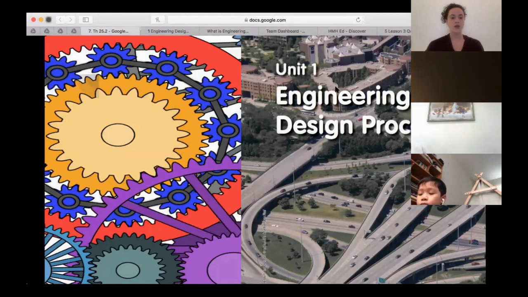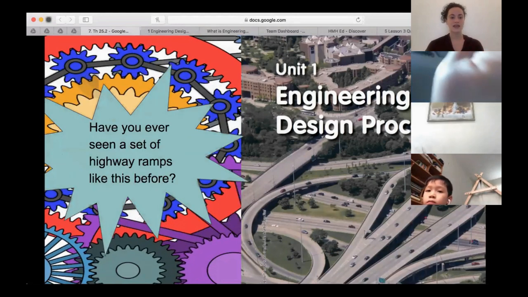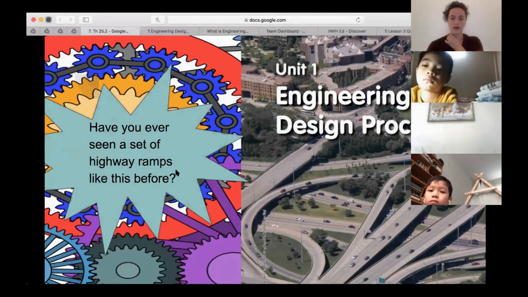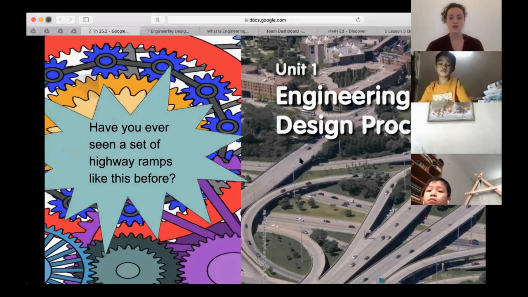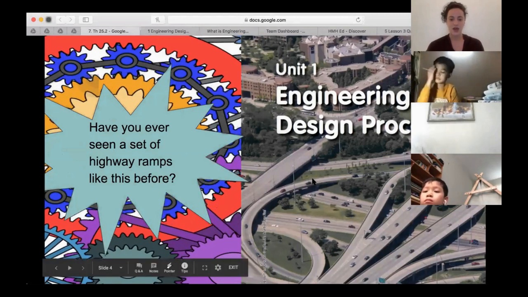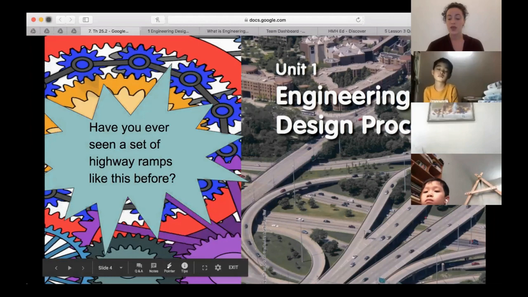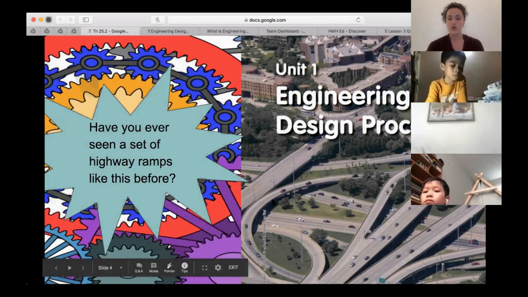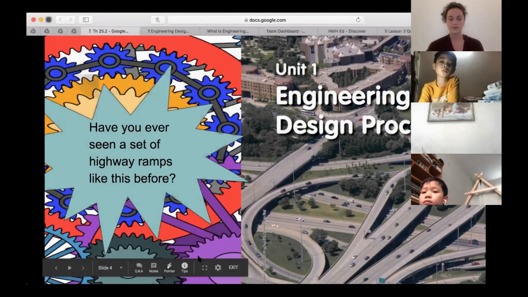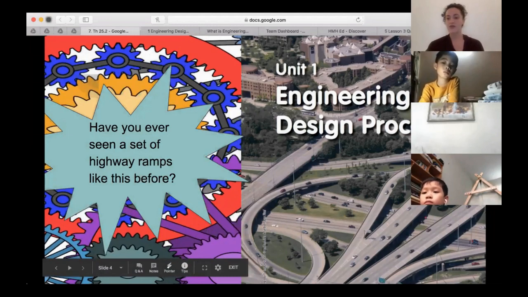All right, first question. Have you ever seen a set of highway ramps like this before? Highways are the big roads like this, and ramps are these things you use to get on and off the road, like when you play with race cars. You have all your different ramps to get on and off the road. Have you ever seen highway ramps like this before?